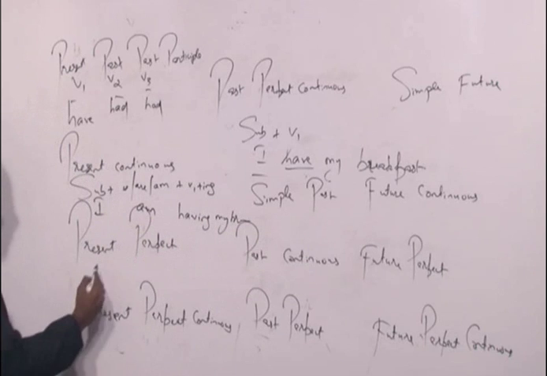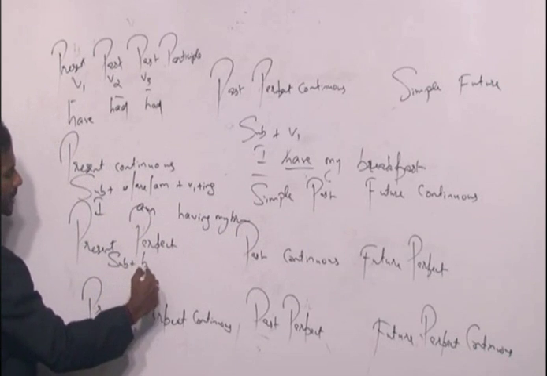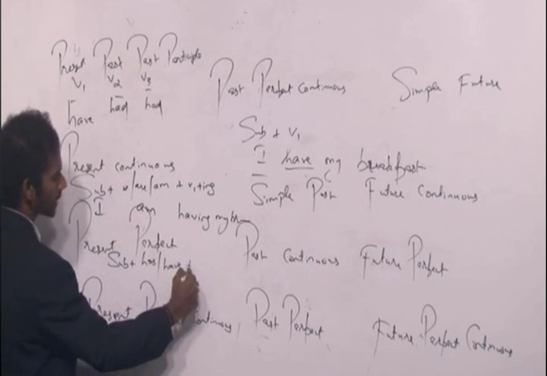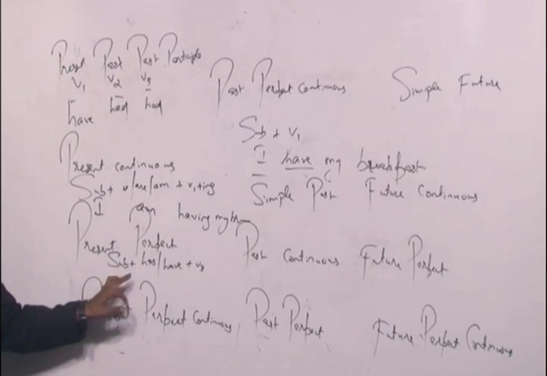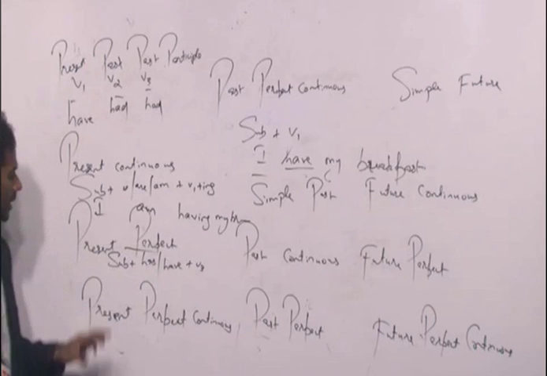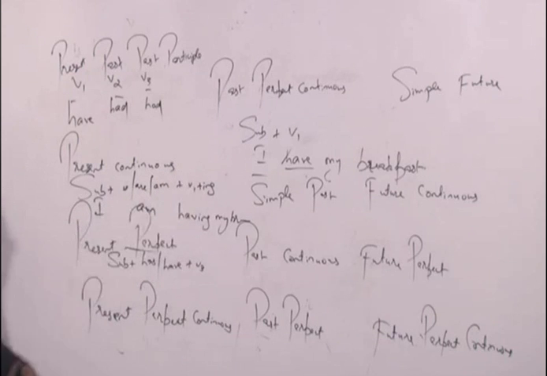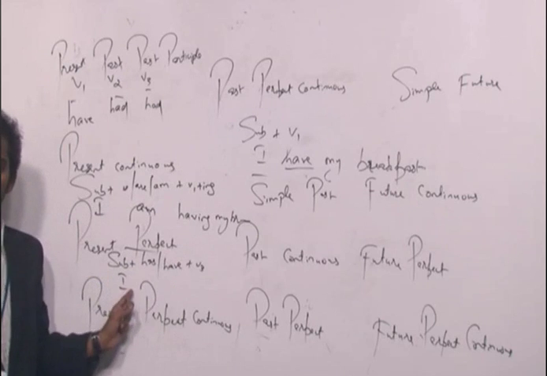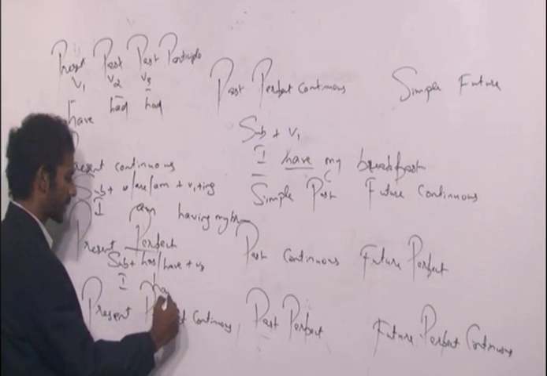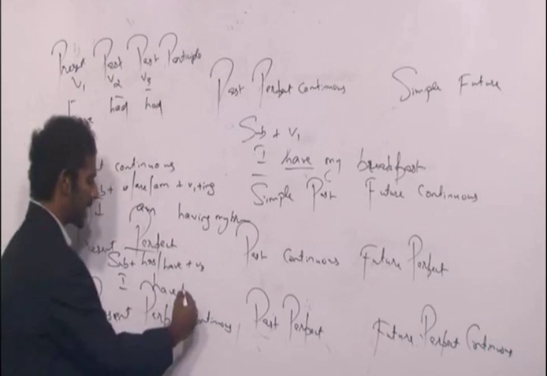Right. Now come to present perfect. The rule of present perfect tense is subject plus has or have plus V3. Clear? Fine. What is subject there? I is the subject. I has or I have? I have. So subject plus have plus V3.